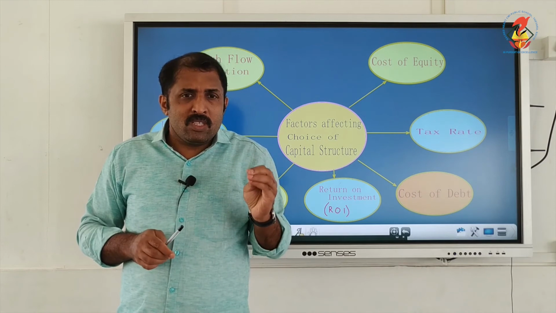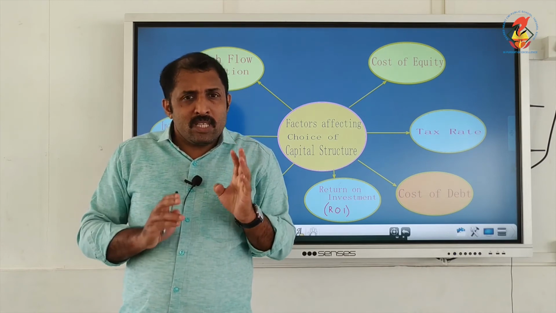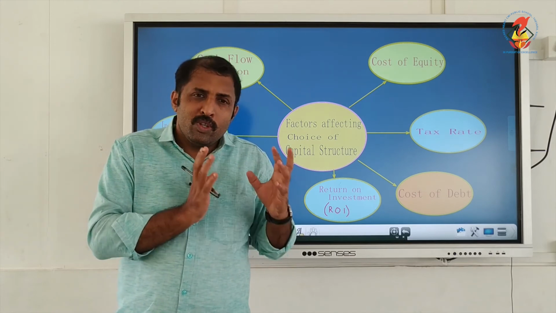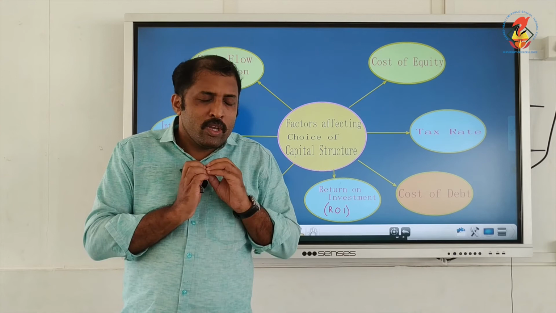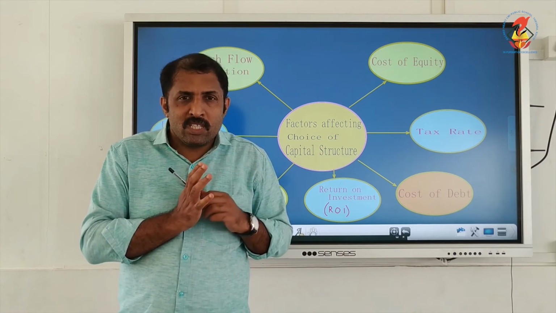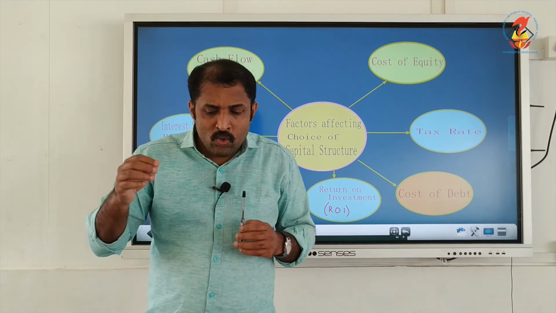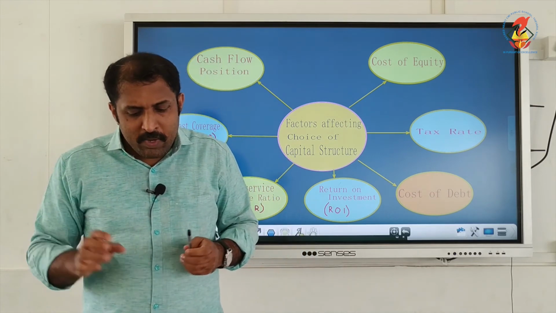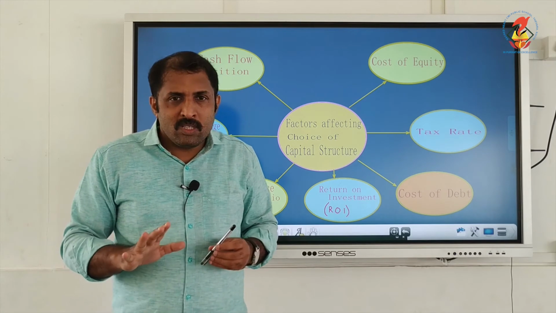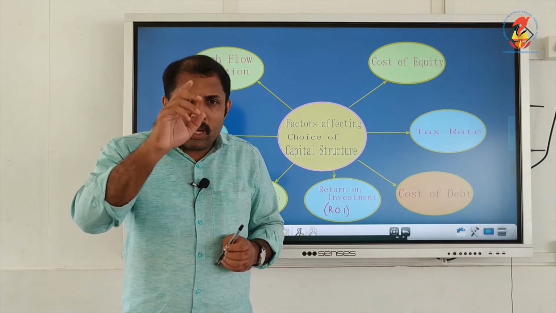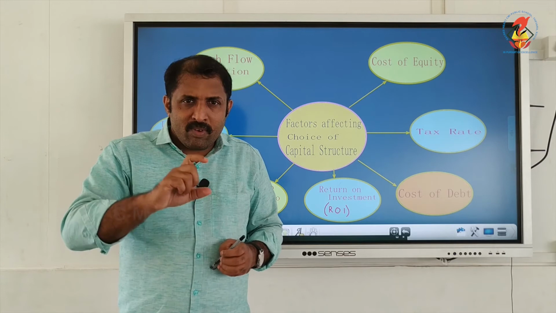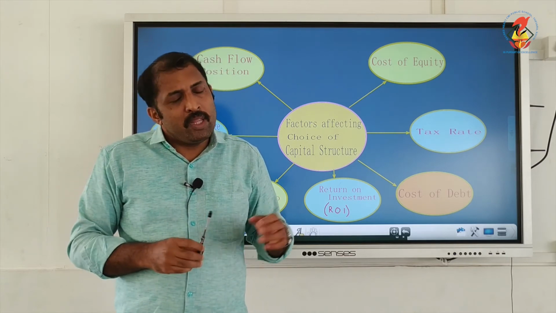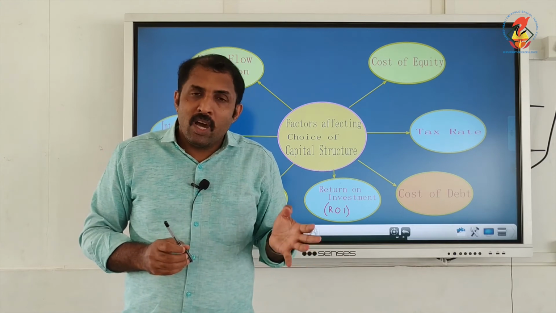When we are increasing debt, there is a chance that even when earnings are being made, the majority of the earnings will go to repayment of these fixed financial charges. So, there is a chance for the cost of equity to come down. Even when it goes up sharply, the share price may come down, because after fixed financial charges, only the amount remaining will be available. That can be comparatively lesser.